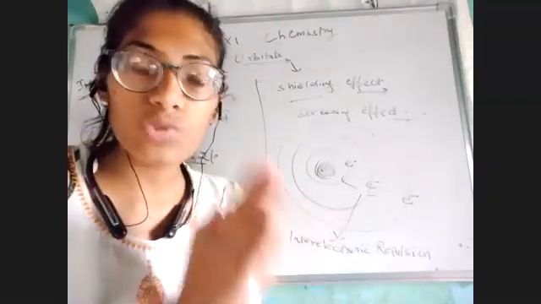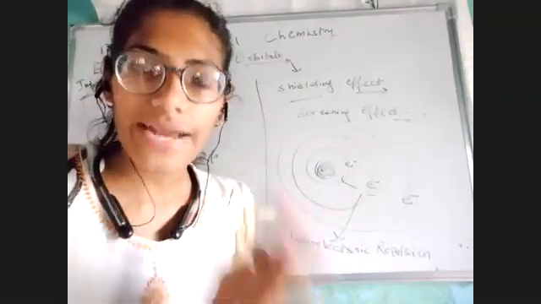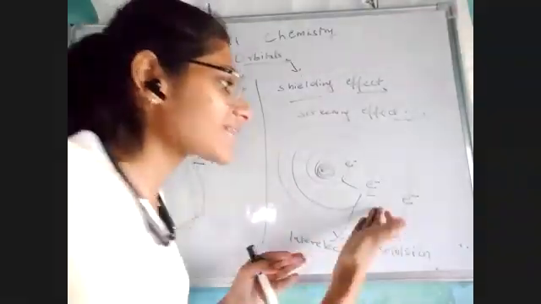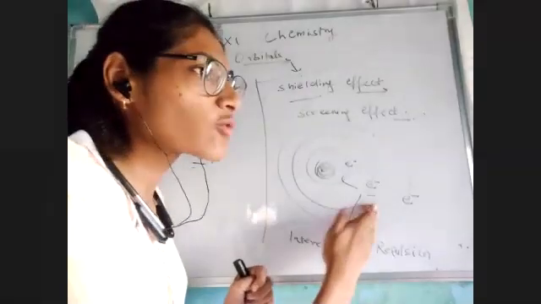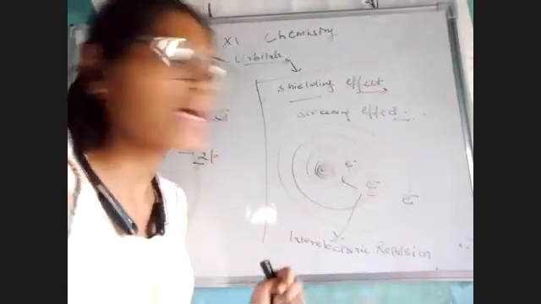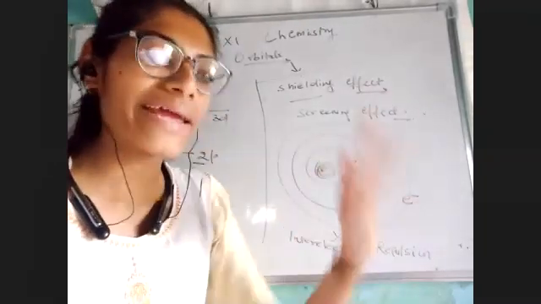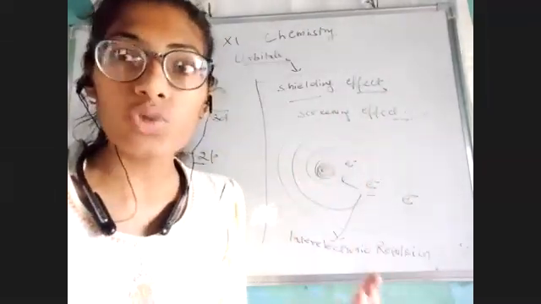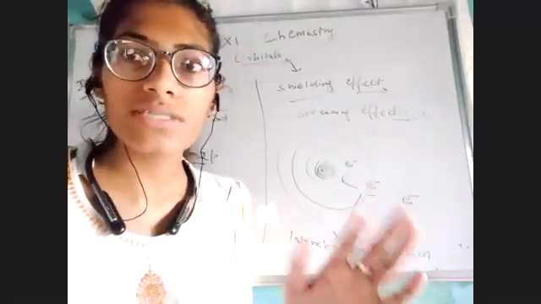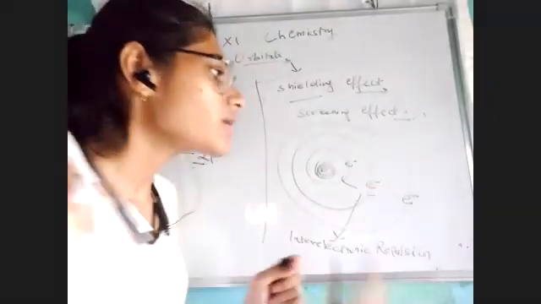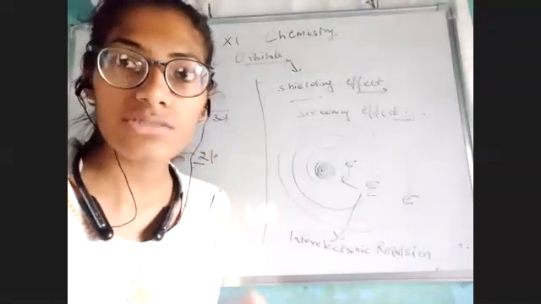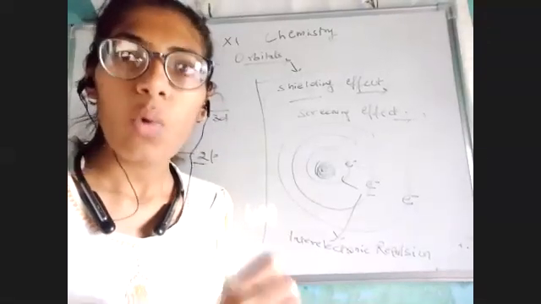That is, the actual attractive force that should have been on them is not actually happening due to these electrons. So these electrons are shielding that charge, that attraction. They are behaving like a screen, like a shield, which is stopping or absorbing the extra energy which these electrons must feel. Okay, so this is known as the shielding effect or the screening effect.